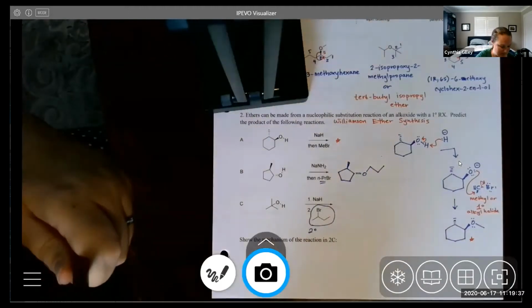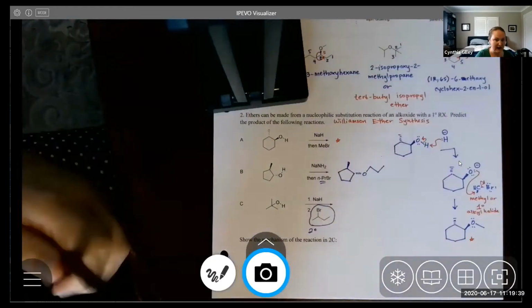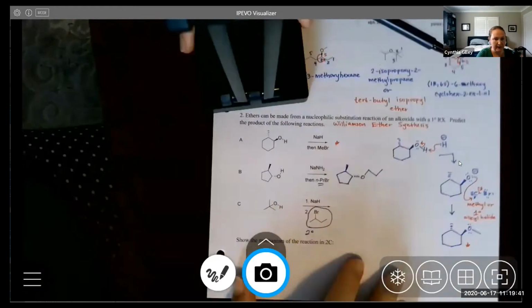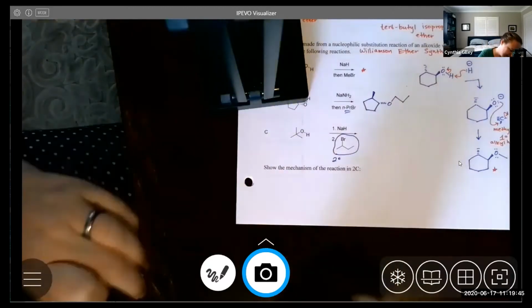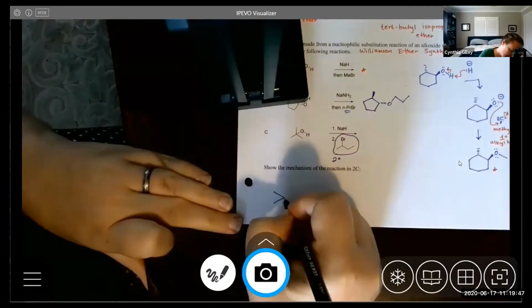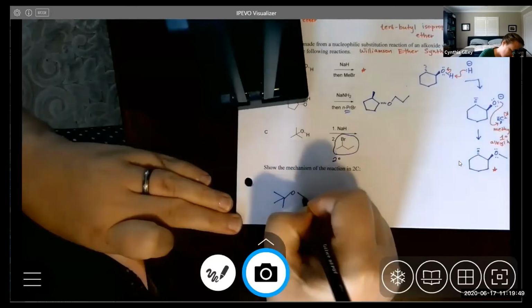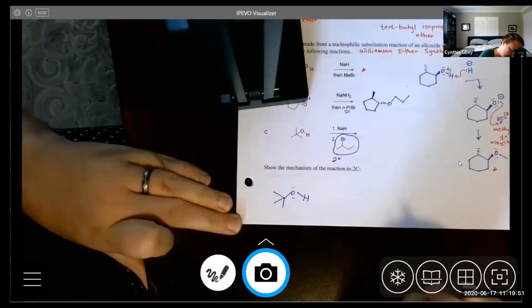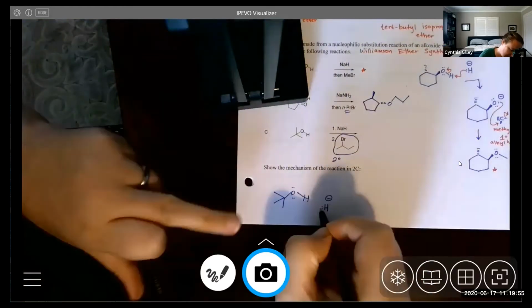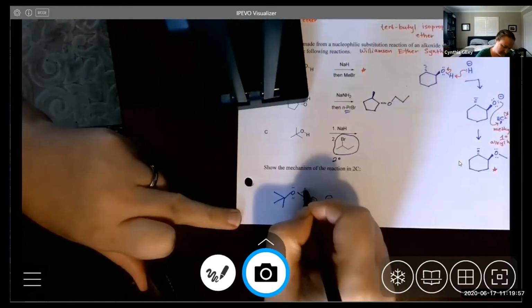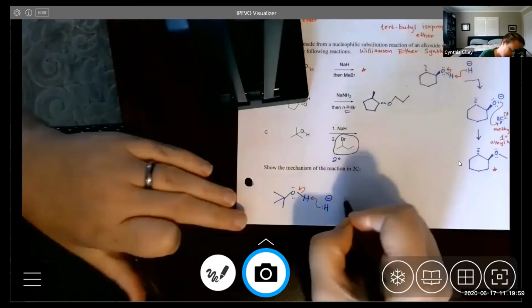It will be once we deprotonate it. Let's look at what happens there, and see the mechanism, because it asks us to write it anyway. We're going to start with our alcohol, start with sodium hydride. That will do a deprotonation as expected.